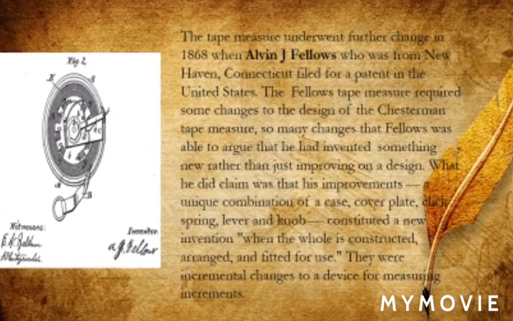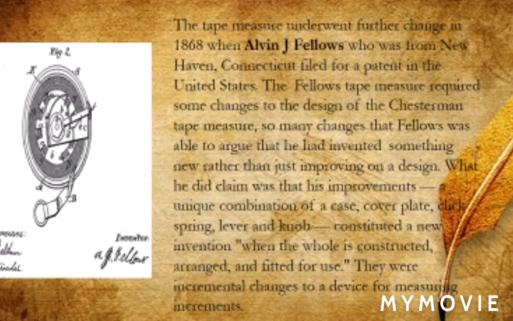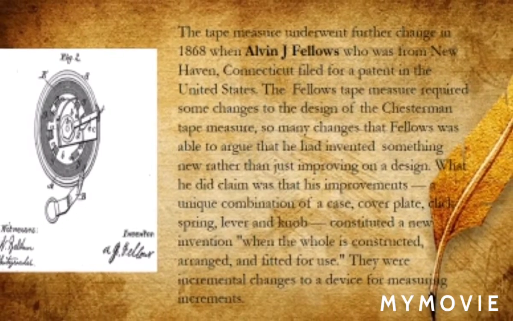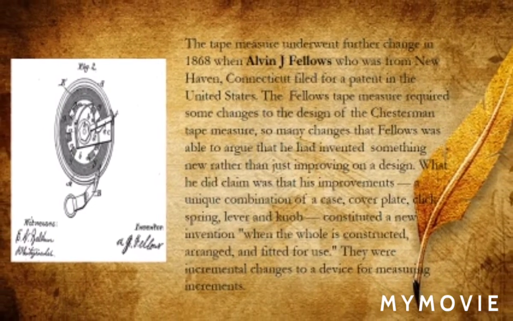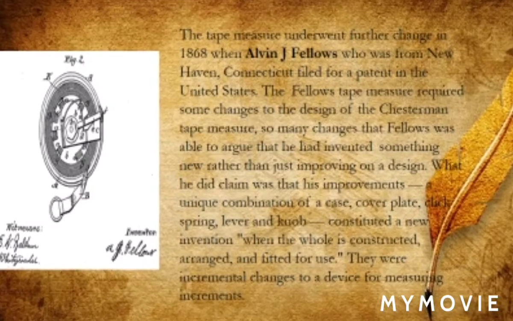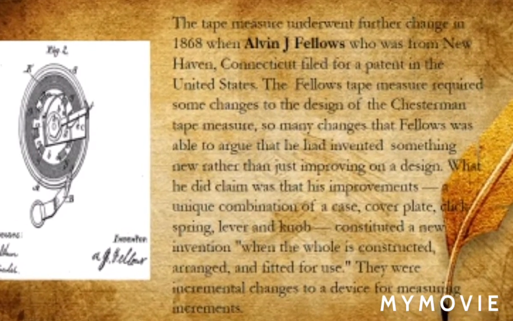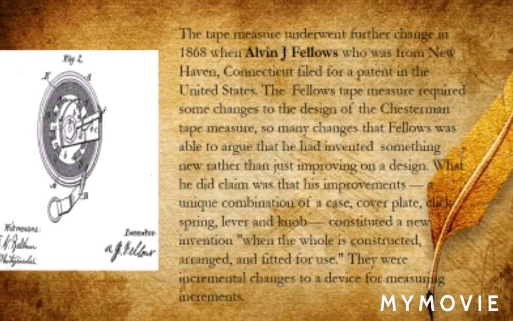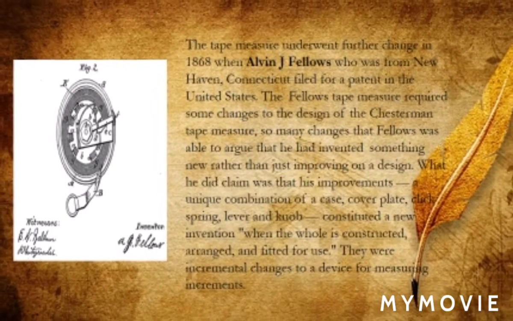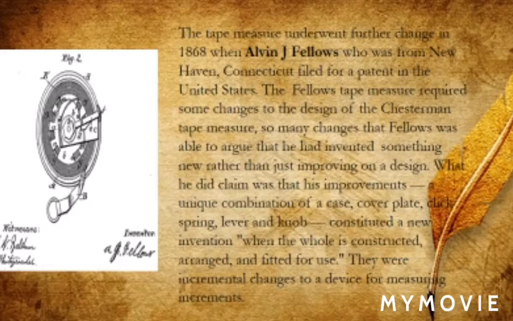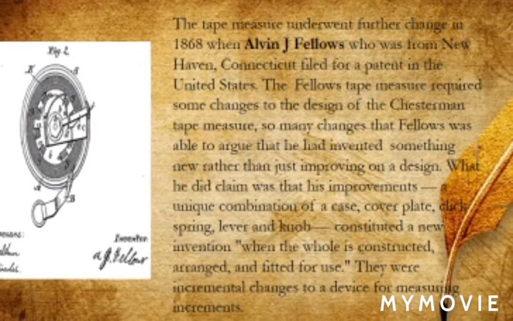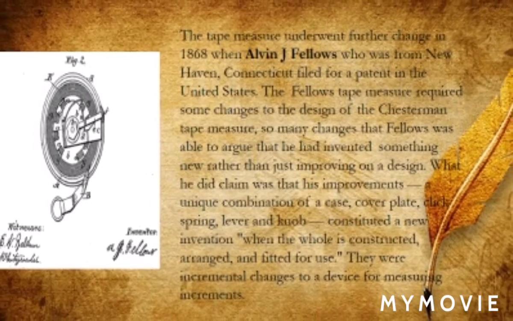The tape measure underwent further change in 1868 when Alvin J. Fellows, who was from New Haven, Connecticut, filed for a patent in the United States. The Fellows tape measure required some changes to the design of the Chesterman tape measure, so many changes that Fellows was able to argue that he had invented something new rather than just improving on a design.